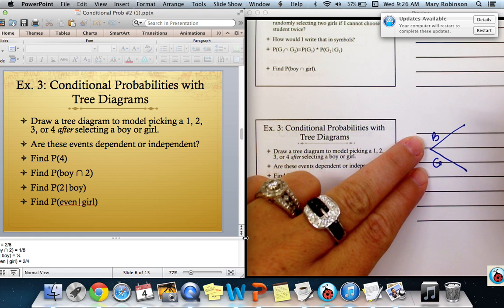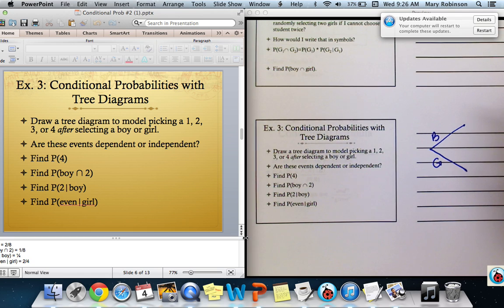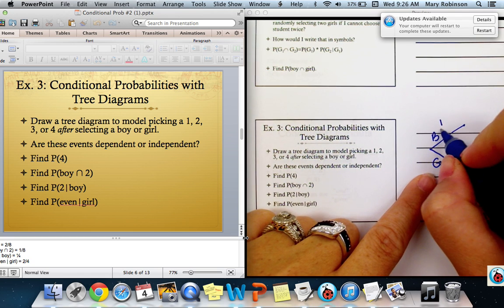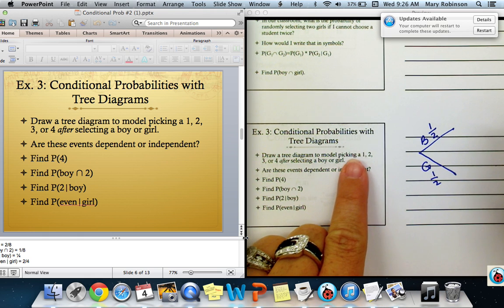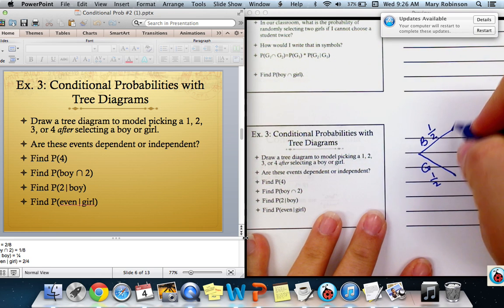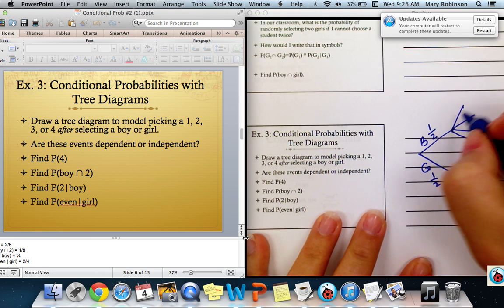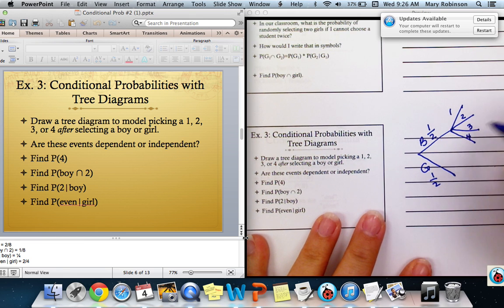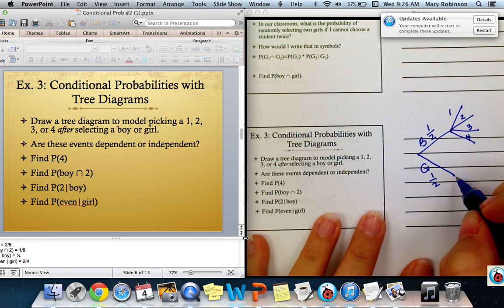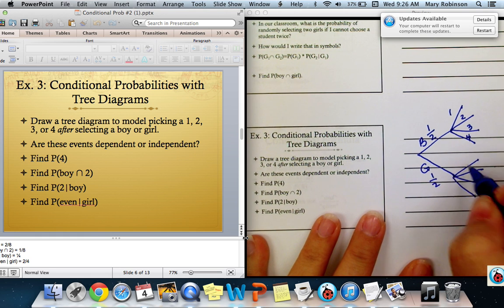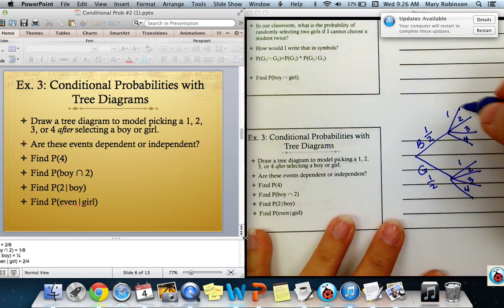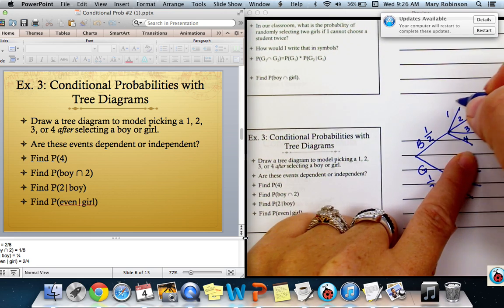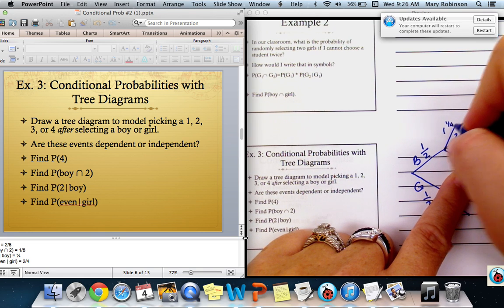If there are 2 people and one's a boy and one's a girl, they each have a probability of a half of being picked. Then we are having a second event, so again a compound event, 1, 2, 3, or 4. So we'll label these 1, 2, 3, and 4. Because of this event, there are 4 possibilities, so the probability of each would be 1/4.